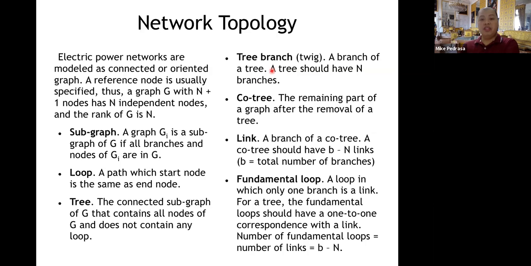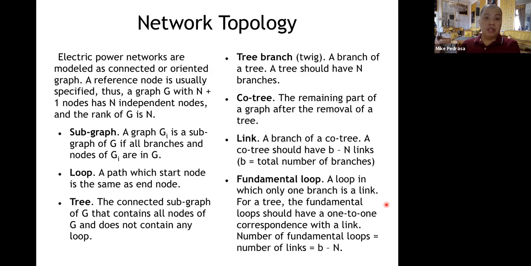If you remove the tree from the graph, you are left with a co-tree. And the branches of the co-tree are the links. And a fundamental loop is a loop in which only one branch is a link. Parang ang daming definitions. Don't worry about that because the best way to demonstrate that is through the example.